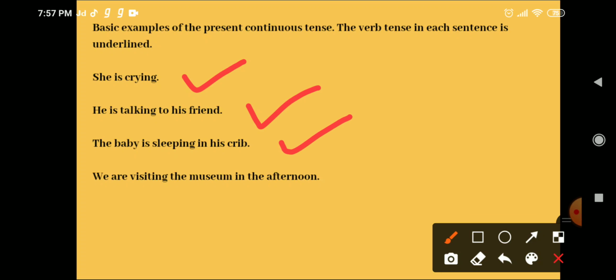We are visiting the museum in the afternoon. Now here you can see is crying, is talking, is sleeping, are visiting. They have used is/am/are, first form, and with first form they have used ing.